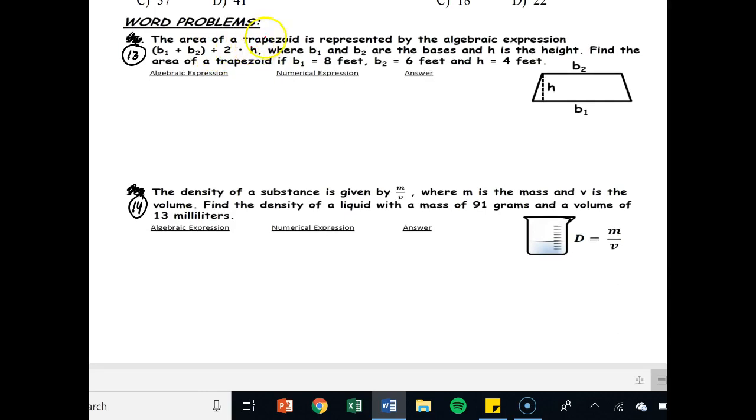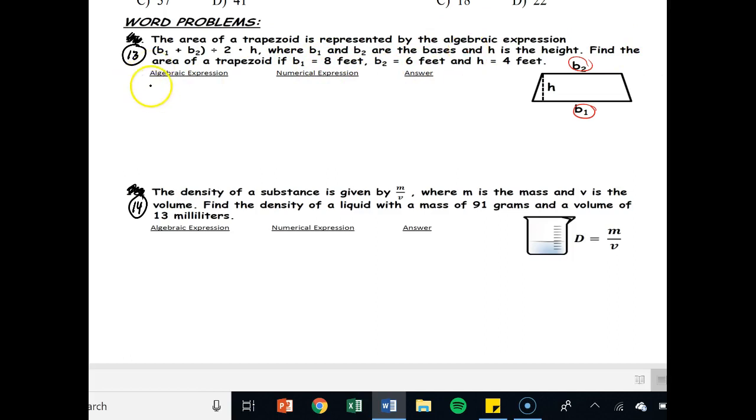It says the area of a trapezoid is represented by the algebraic expression b1, the first base, plus b2 divided by 2 times your height, where b1 and b2 are the bases, h is the height. It says find the area of the trapezoid if b1 is 8, b2 is 6, and the height is 4.